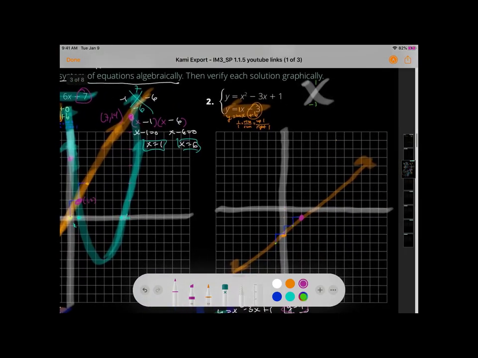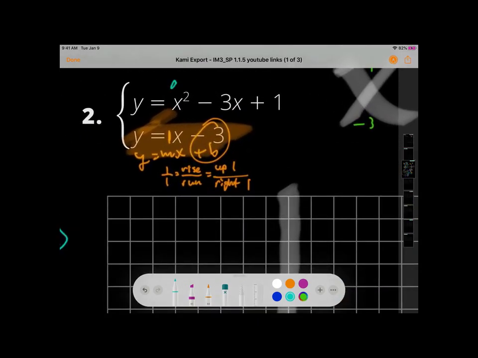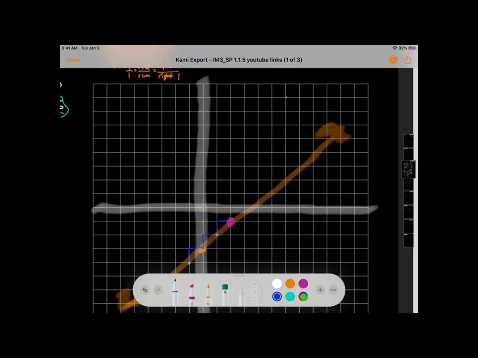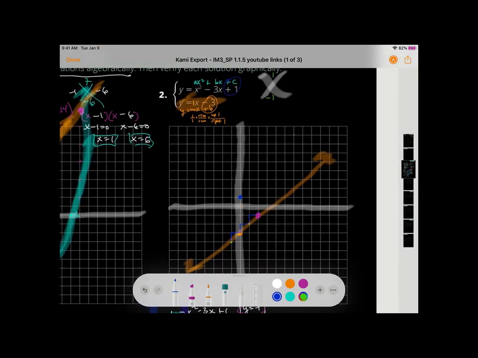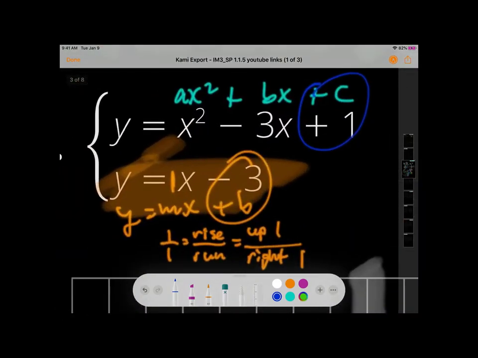But how does my graph go through there? So this is in standard form, ax squared plus bx plus c. And we have a y-intercept of 1. There's my y-intercept. The a value is positive, so positive people smile.